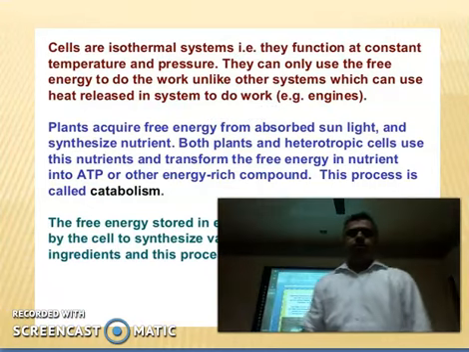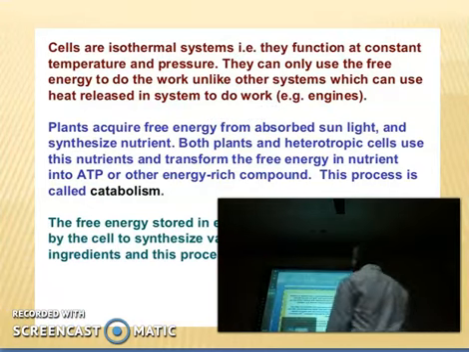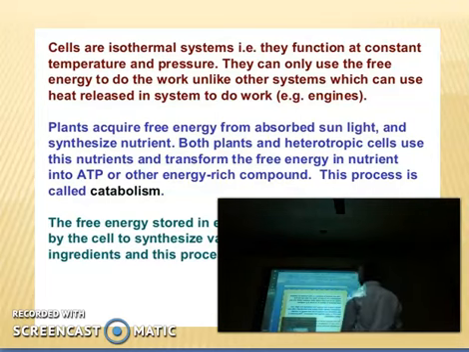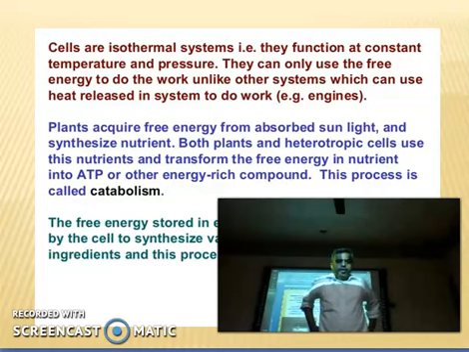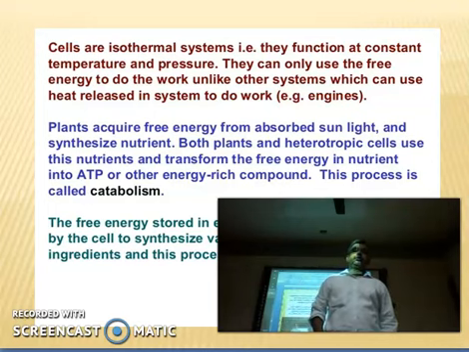Now we further enter into the bioenergetic concept. So the cells are an isothermal system. They function at a constant temperature and pressure.